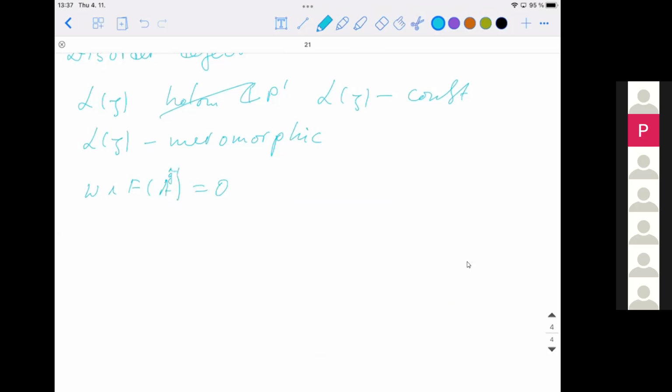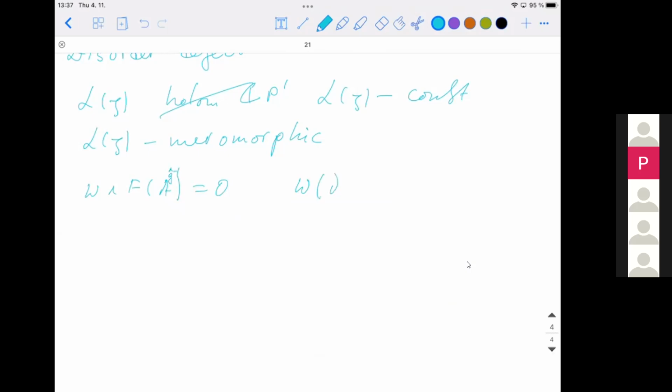So we can write this in terms of L, and also it's true that this is zero, so that's why we called this L meromorphic.